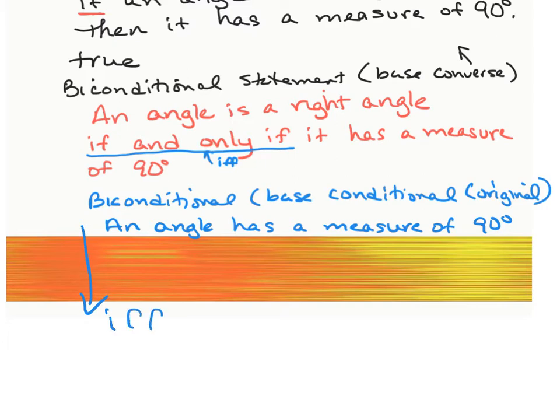And then if and only if, this time I'll use the abbreviation, IFF it is a right angle. We take out the word if, we take out the word then, and where the then was, we replace it with if and only if. And this is a biconditional. Remember, the original conditional statement and its converse both have to be true in order to create a biconditional.